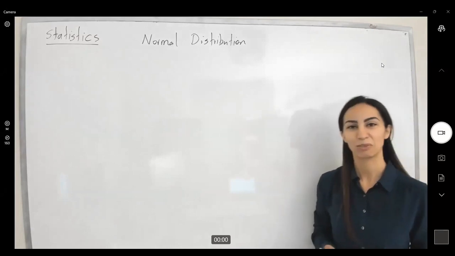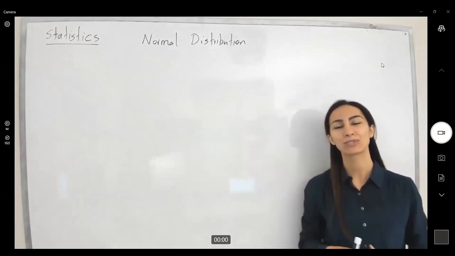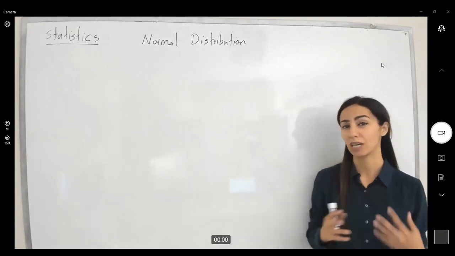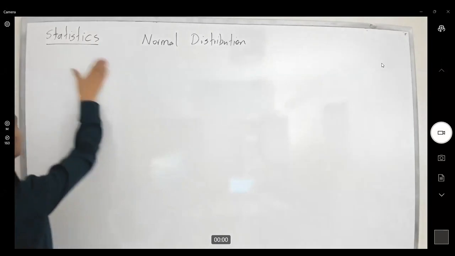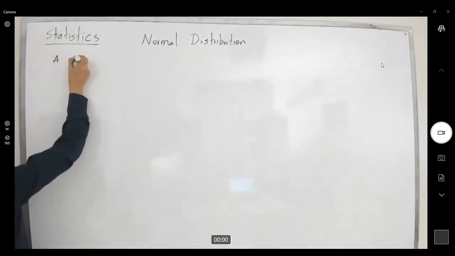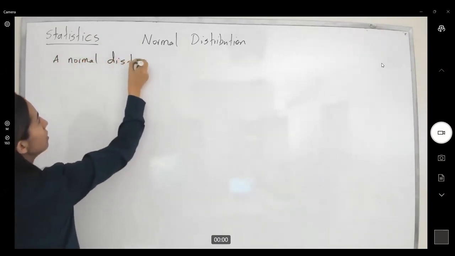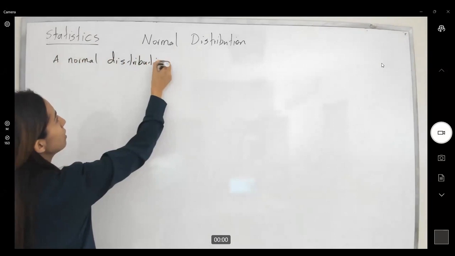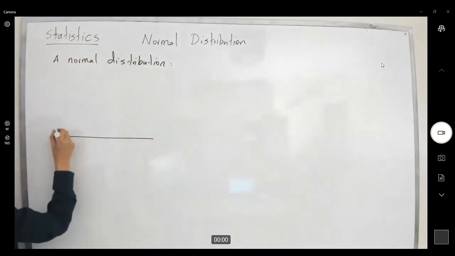We will officially introduce a normal distribution and learn how to convert X values into Z values when we have confidential data. The normal distribution, as we saw before, has a bell-shaped graph.